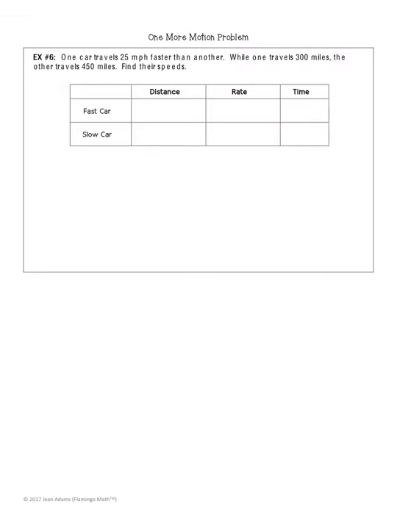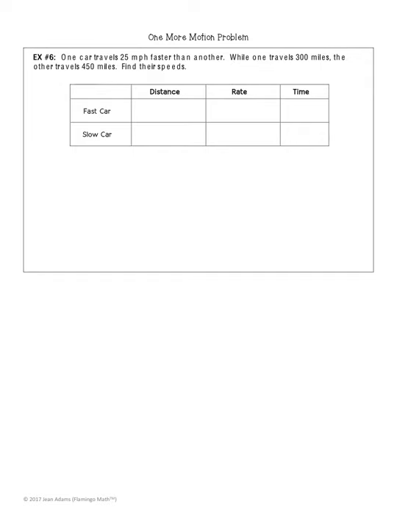And then our last problem today is number 6, and it happens to be another motion problem because we have a car traveling. So one car travels 25 miles per hour faster than another. So we don't know the actual speed of the car, but we know that one car is traveling faster. While one travels 300 miles, the other travels 450 miles.